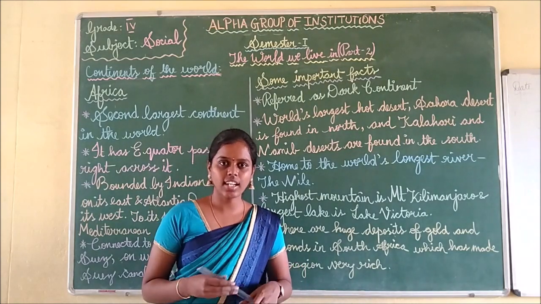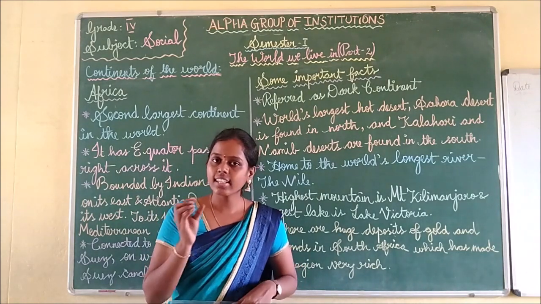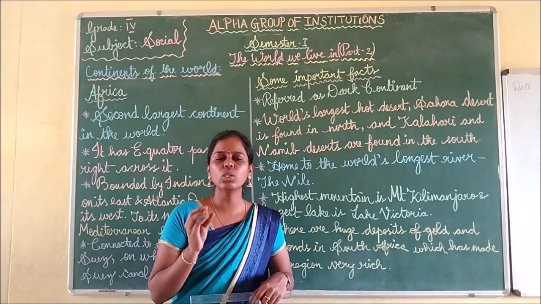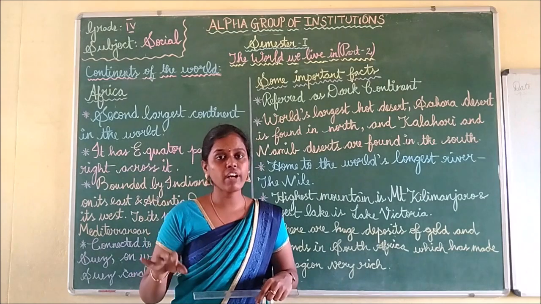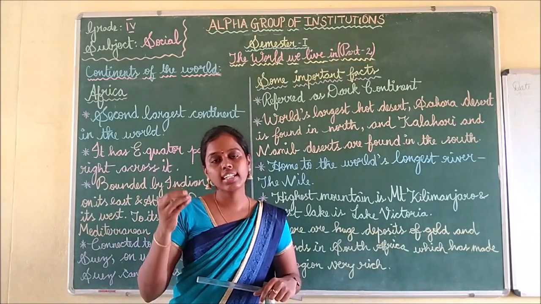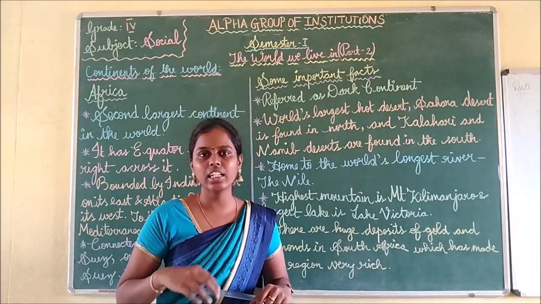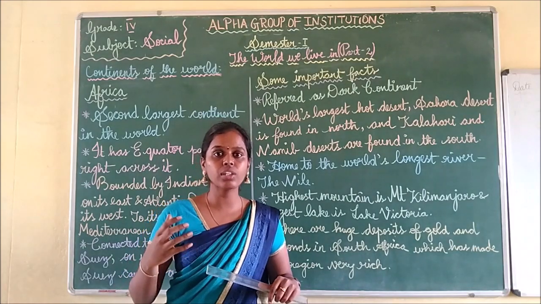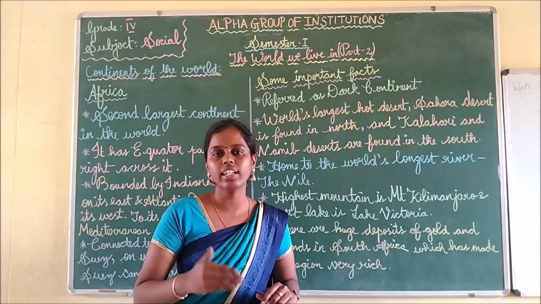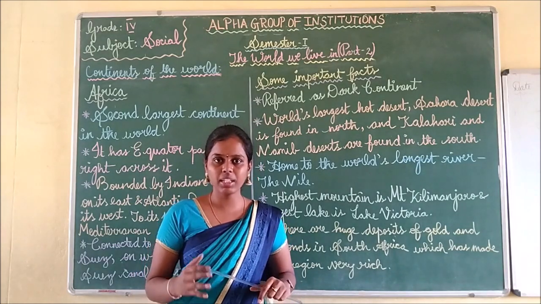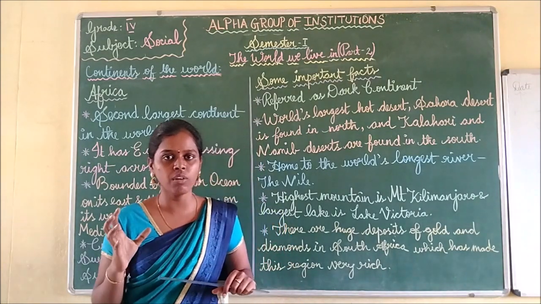It is referred to as the dark continent because very little is known of the history of Africa. Even the people of Africa themselves don't know their history fully, because till now it is a mystery. Mystery means, in Tamil we will say Marmam.